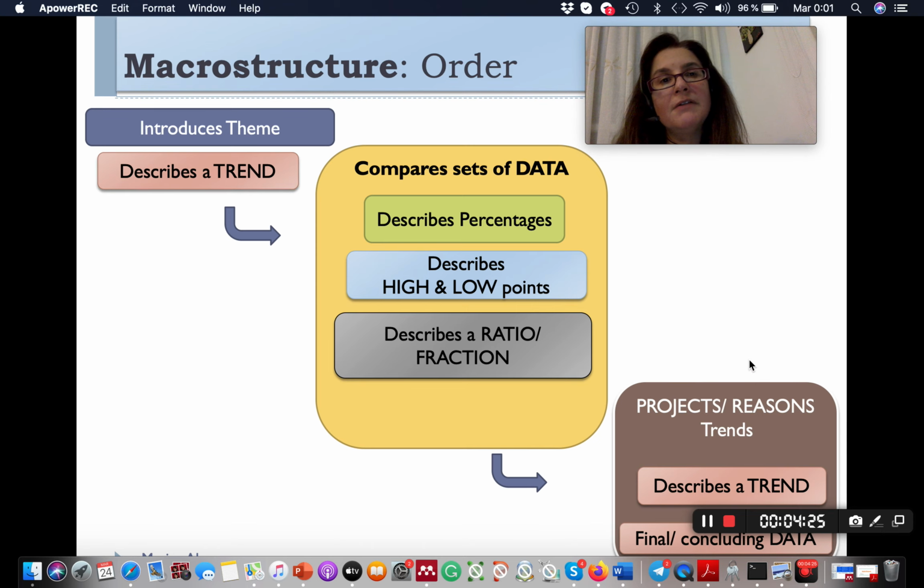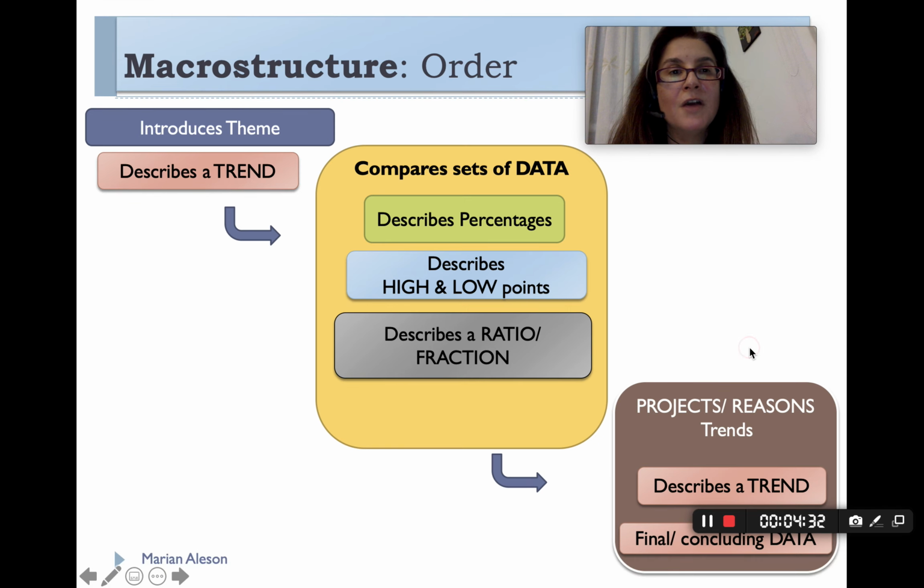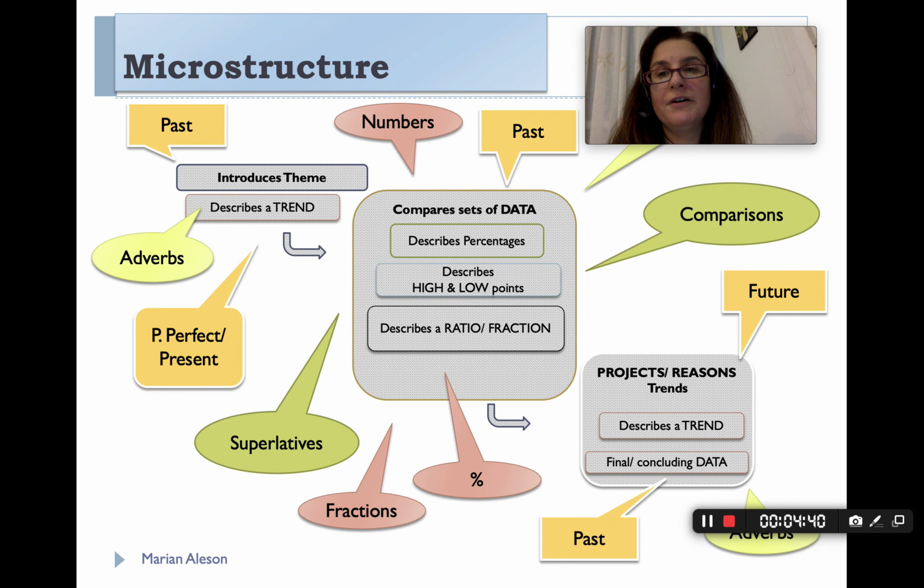So once we know exactly what the different contents of the different sections in the paragraph are, we can analyze a little bit the microstructure, that is to say, the language that we need in each of the different parts. So let's take a look at the language. That's the most typical thing we are going to find.